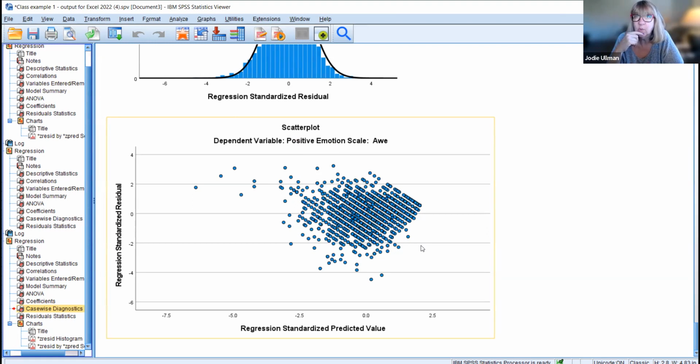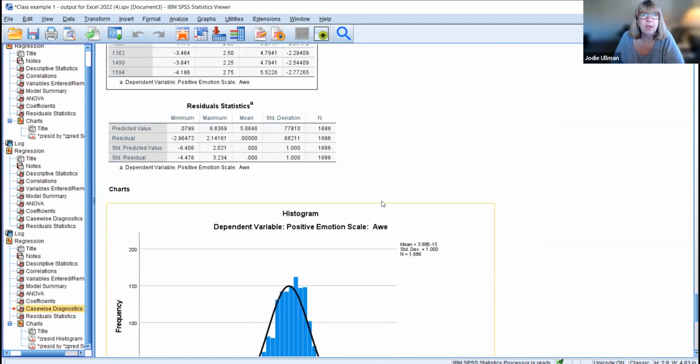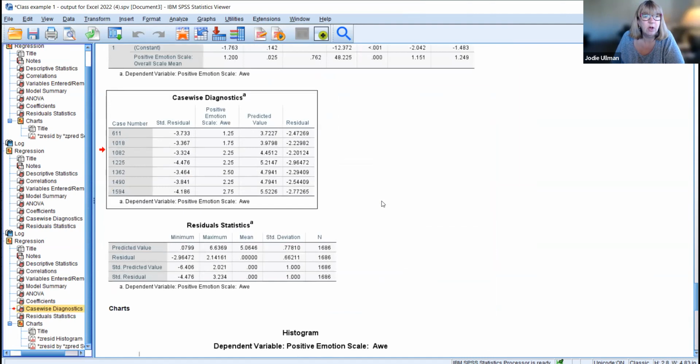Remember the reason this is an assumption: assumptions are generally evaluated on residuals, and we would like the residuals to be normally distributed. Primarily we use this plot here. I didn't give you Cook's distance, but I could.